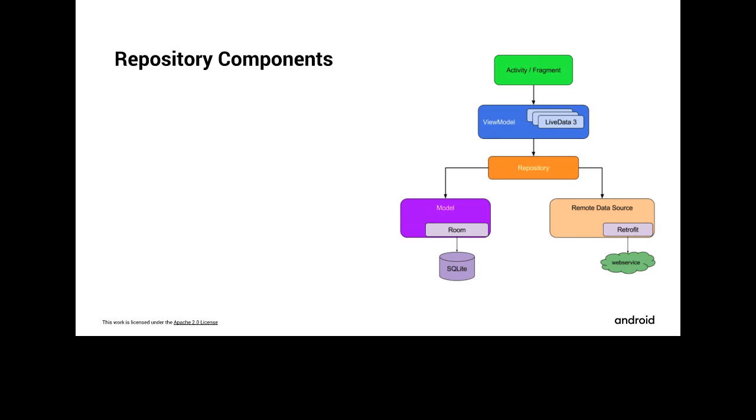But the table is the same as the model name, is the same as the database name. It gets very confusing. So Room is a library that Google provides that allows you to simplify that process. And so those two things are just libraries that help you access either the database or web services.